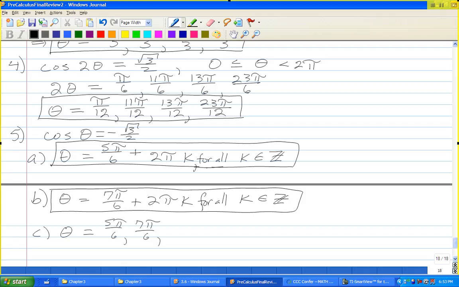That's 12 pi over 6, so that's 17 pi over 6, 19 pi over 6. Adding 12 pi over 6 to this, you get 29 pi over 6, 31 pi over 6.